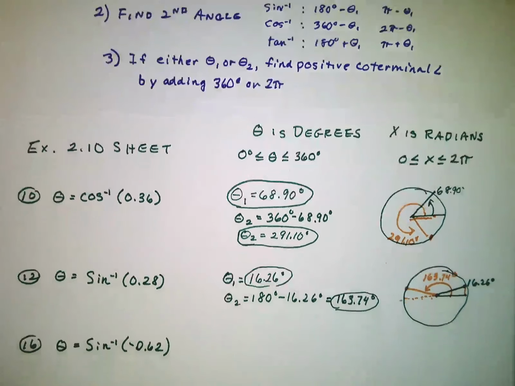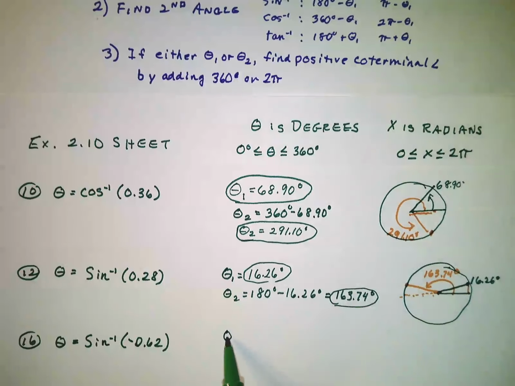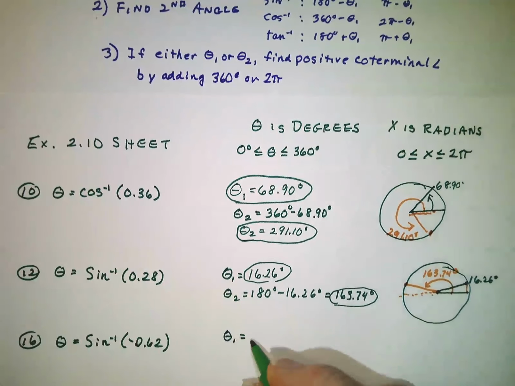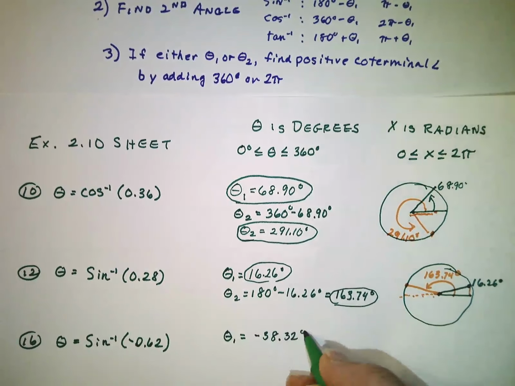Third one is also inverse sine, but it's inverse sine of a negative value. We'll still use the calculator to get the first answer. And the calculator tells us that the angle with this sine value is negative 38 and 32/100 degrees.